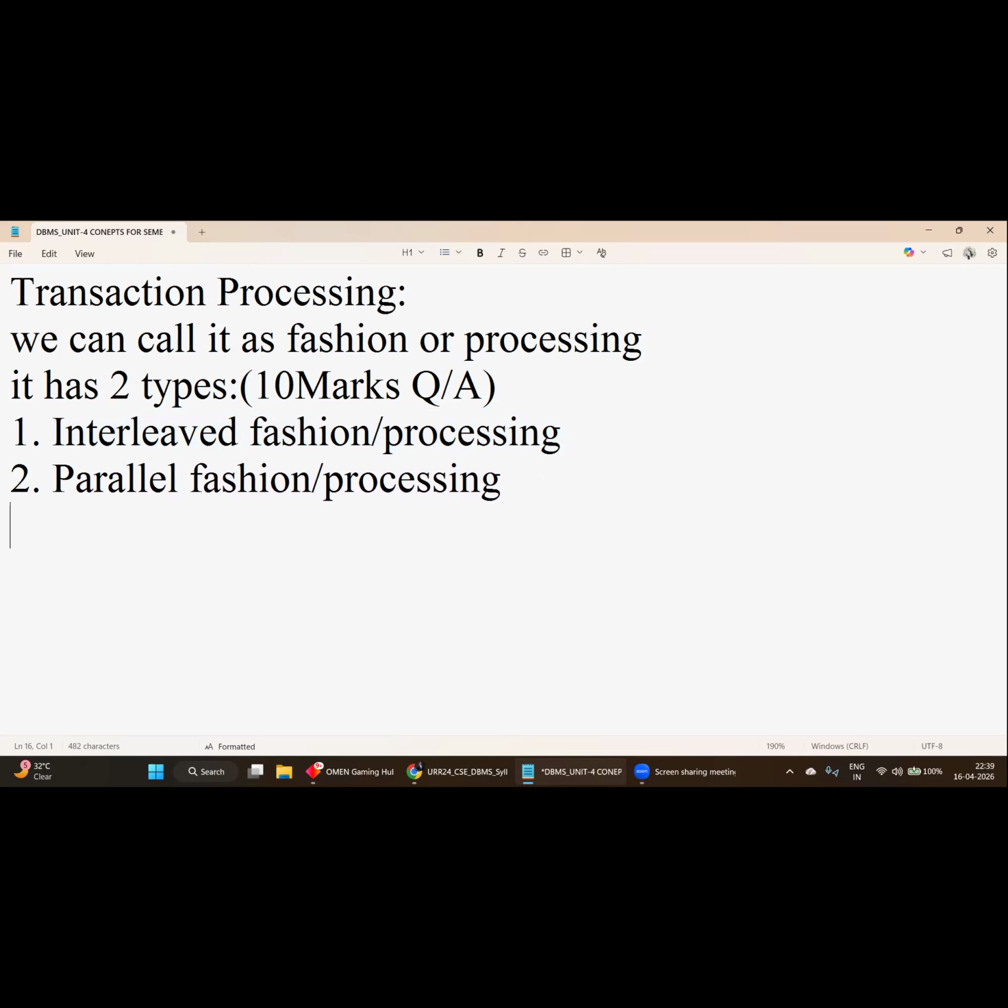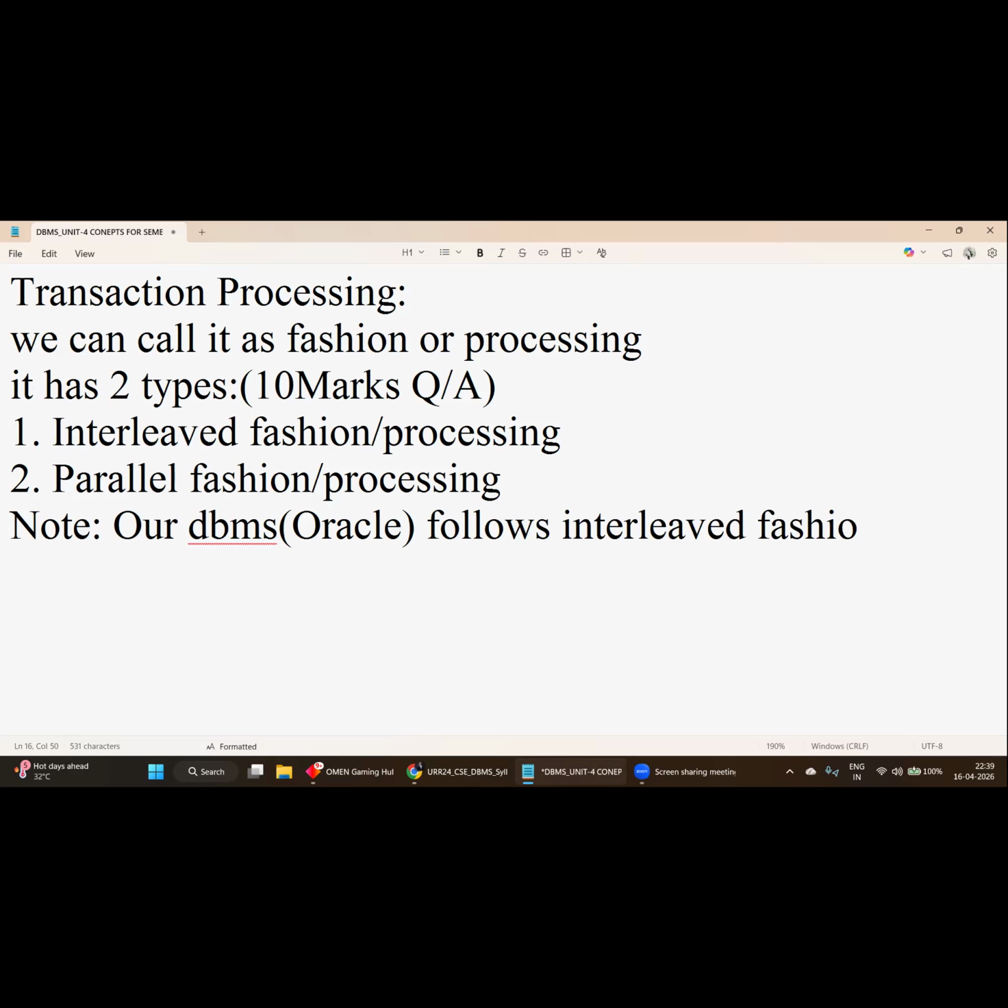Now the note point is our DBMS, that is database management system, that we are using, Oracle now. So Oracle follows interleaved fashion. So let us discuss what these are.